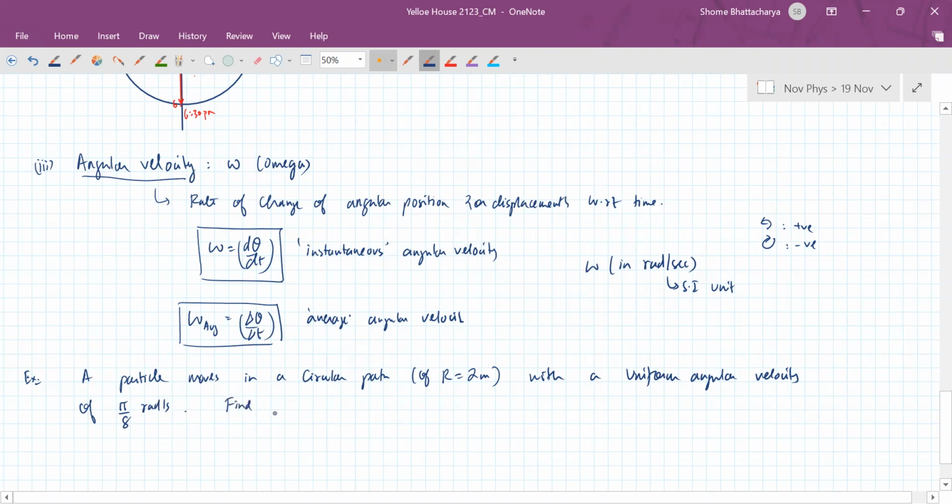So find its angular displacement, magnitude of displacement and distance traveled in a time interval of 4 seconds.